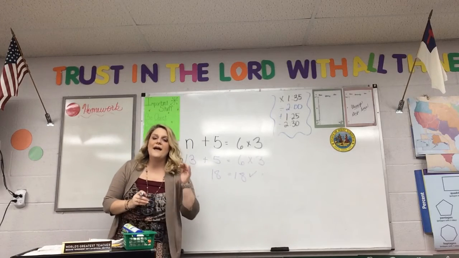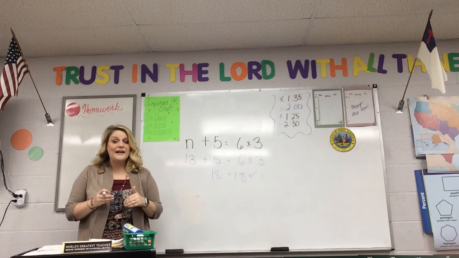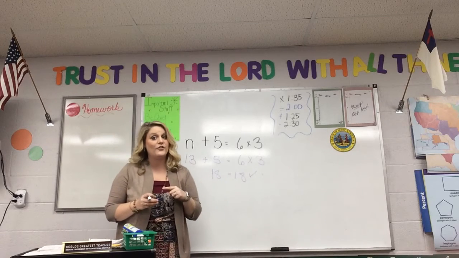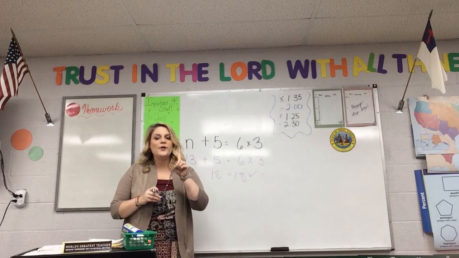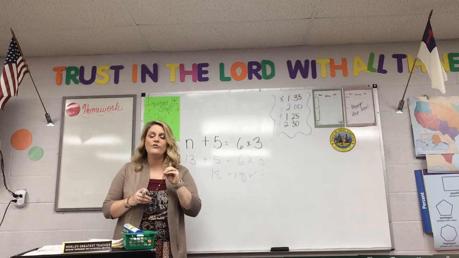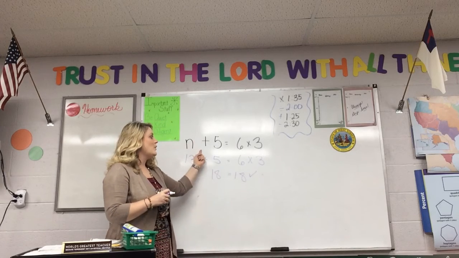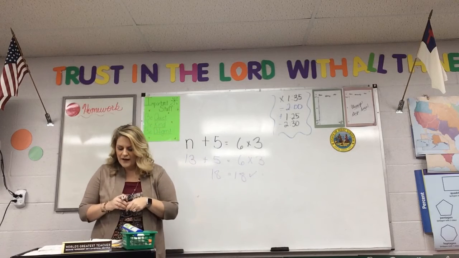Every time you do an equation, I want you to also check it, because that will come in handy later on when you have some more difficult equations. So always remember, you're trying to get the unknown all by itself, but whatever you do on one side, you must do on the other. Always be aware of that.